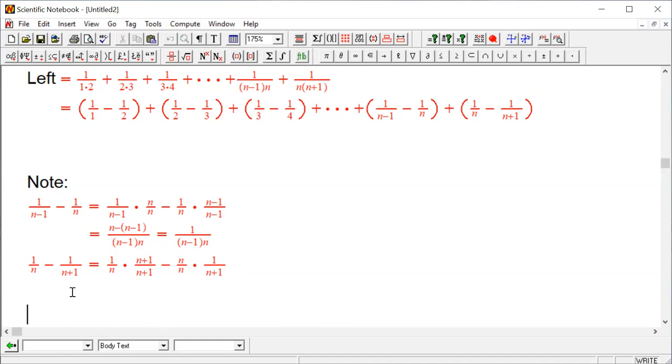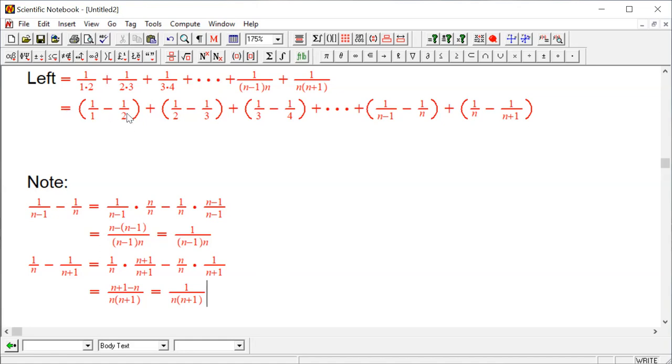So I'm getting the same denominator already, right? So n times (n plus 1), that's the common denominator. And the first term, we have 1 times (n plus 1) minus n times 1. So in the end, we get on the top n plus 1 minus n, that makes 1. So all of these are verified.